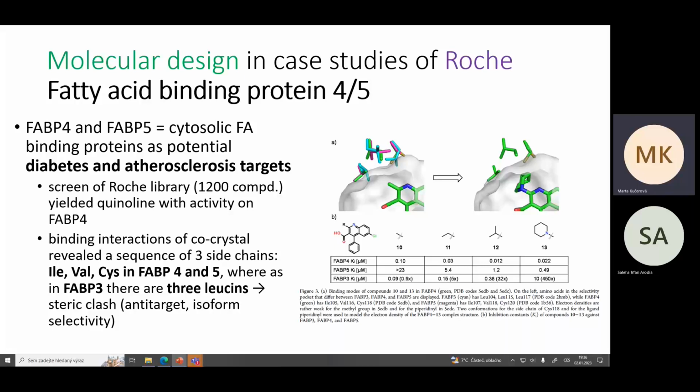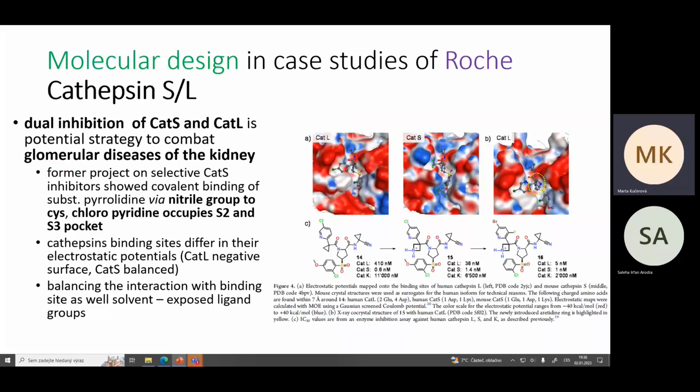This is again a potential treatment of diabetes and atherosclerosis, targets by influencing fatty acid binding protein 4 and 5. So a relatively simple structure with a quinoline basic core, varying the substituents in position 2, getting differently selective derivatives.